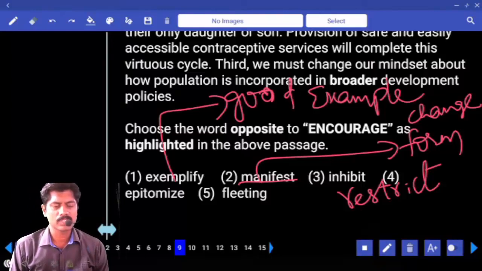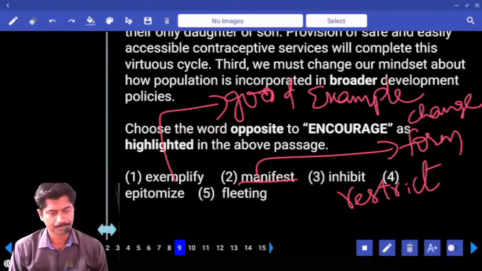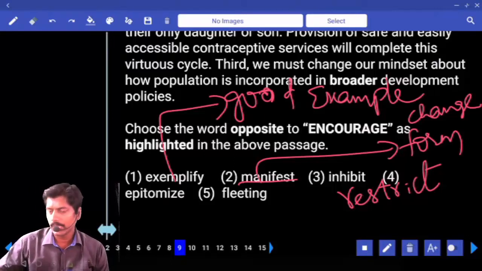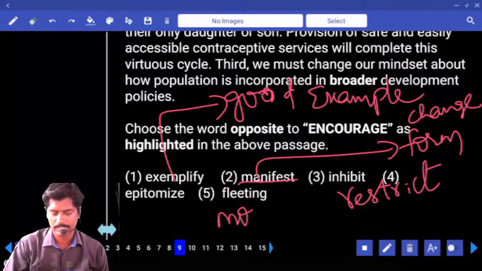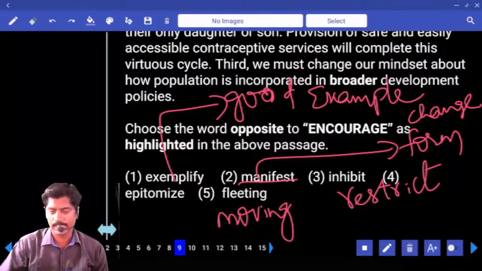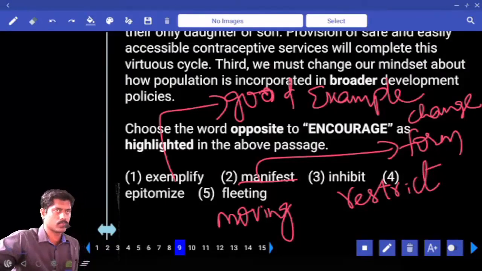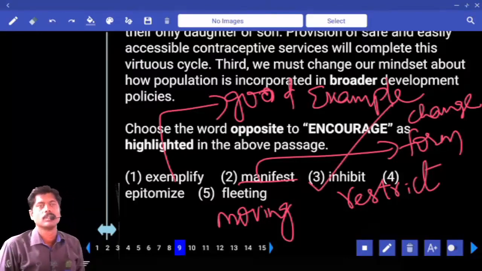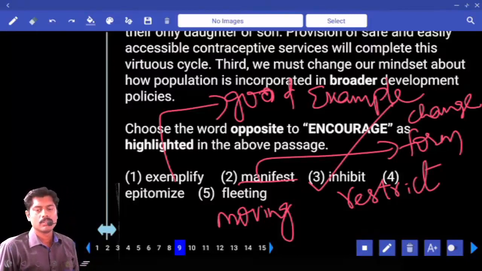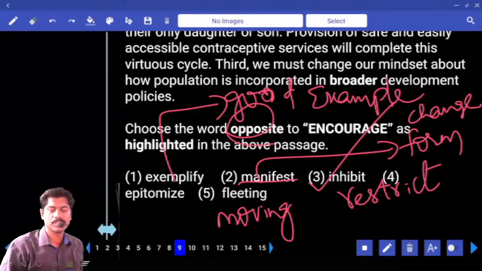Epitomize is nothing but the same thing, related to one, a good example. Fleeting means moving, changing. Time is always fleeting. Our thoughts are fleeting. River water is fleeting. Fleeting means moving and changing. So the opposite meaning of encourage is restrict, inhibit. The opposite meaning is asked. Answer is the third option.